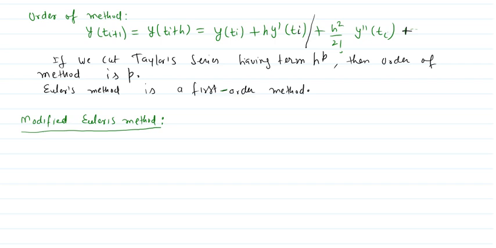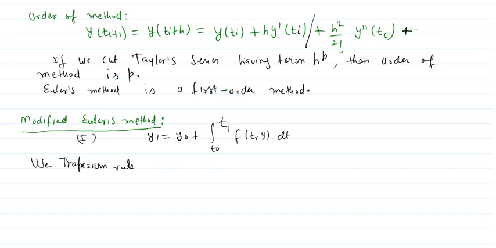So I am writing again the integral form, that is y1 equal to y0 plus the integral of f from t0 to t1. Okay, so use the trapezium rule for integration on the right hand side.